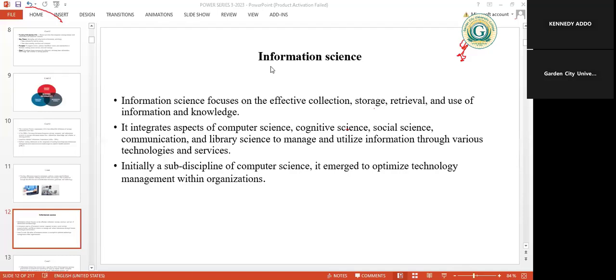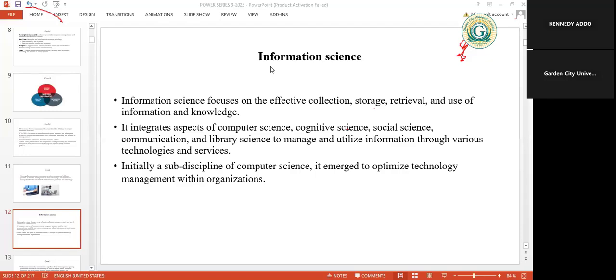In the same vein, artificial intelligence has also been a key pillar of what? Computer science, but it is also moving into a standalone specialty, like the detachment of information science from computer science. The field is so broad, and that is why they are going into standalone disciplines.